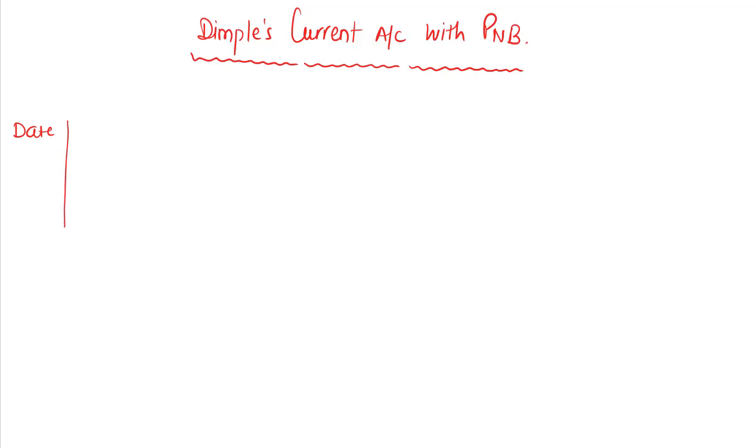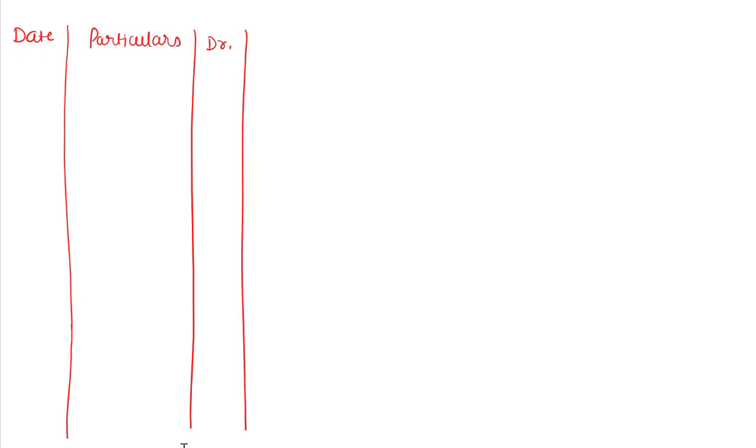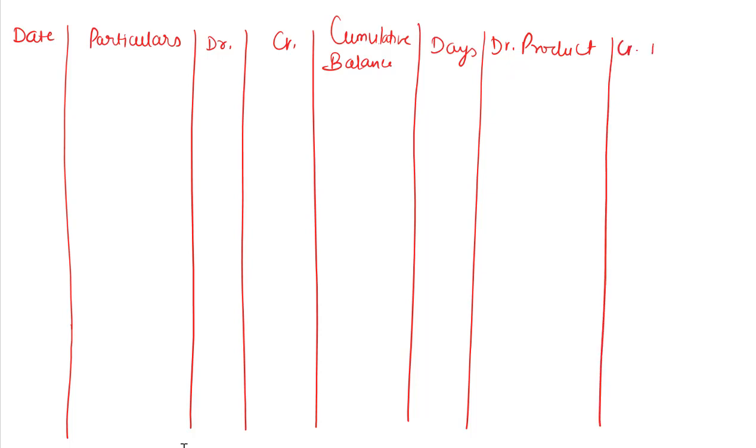Make the columns: date, particulars, debit, credit, cumulative balance, days, debit product, and at last credit product.